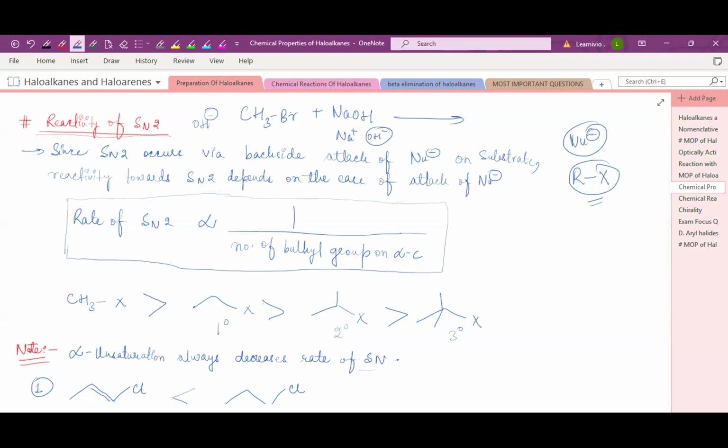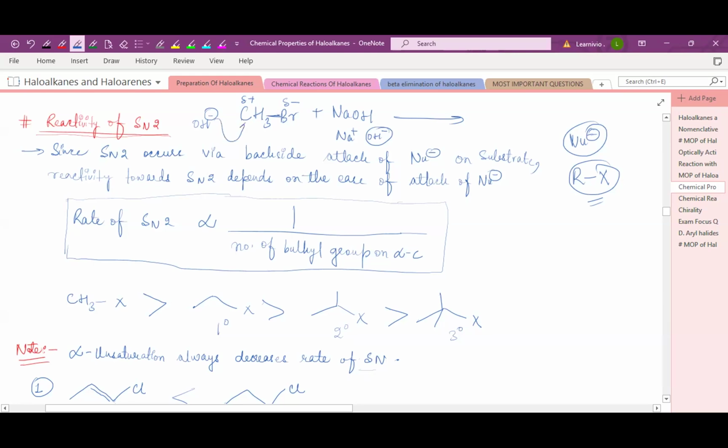Single step में होता है. Means attack of nucleophile. Again, this is your alkyl halide, right? Bromine is electronegative, so this will acquire partial negative charge, and this carbon of the alkyl group will acquire partial positive charge. Now this nucleophile is electron rich, तो ये किसे attack करेगा?